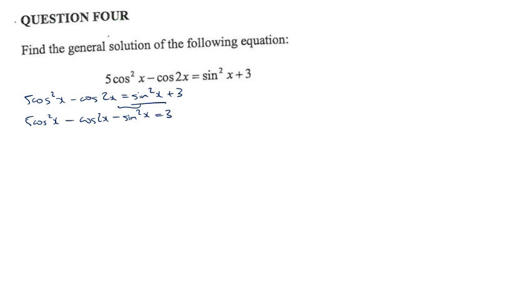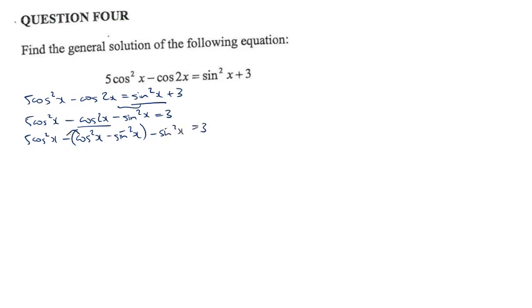Now, let's have a look. Let's try and make it a little bit easier. So cos 2x is the same as cos squared x minus sine squared x. So I'm just going to go 5 cos squared x minus cos squared x minus sine squared x minus sine squared x equals 3.